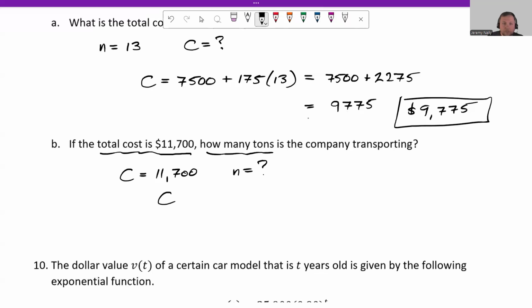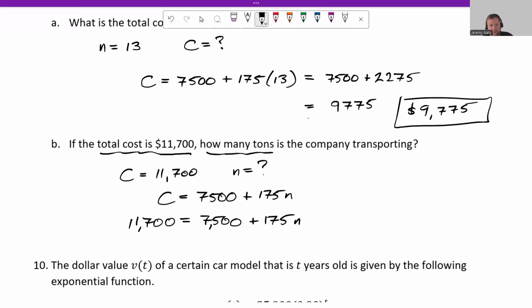So now we have our equation that relates C and N. And what we're doing now is we're substituting this 11,700 in for C. And then we're going to solve for N.